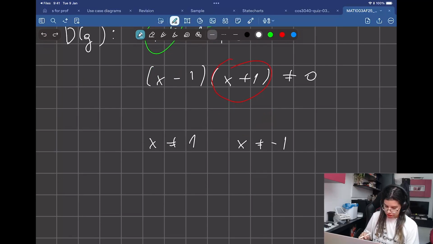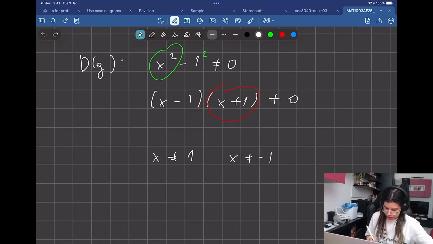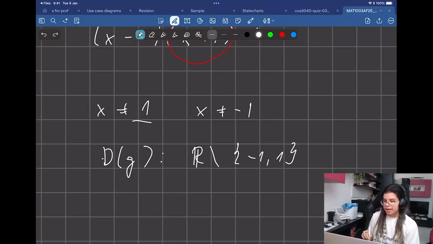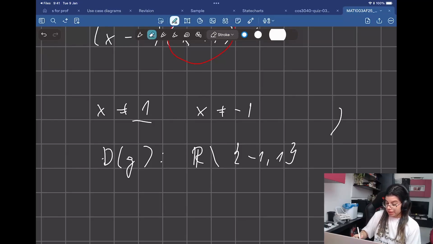So the domain of g, you could write in a couple of different ways. One option, which is the easier one, is to write R, which is all real values, except minus 1 and 1. Minus 1 and 1 are not in the domain. By the way, students very often ask me, when do I write these brackets, and when do I write curly braces?